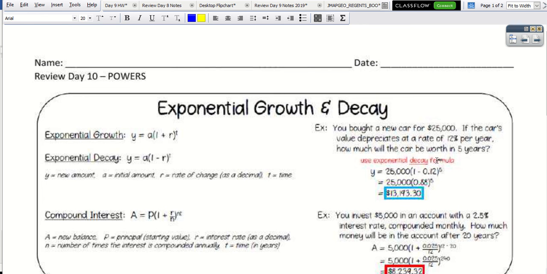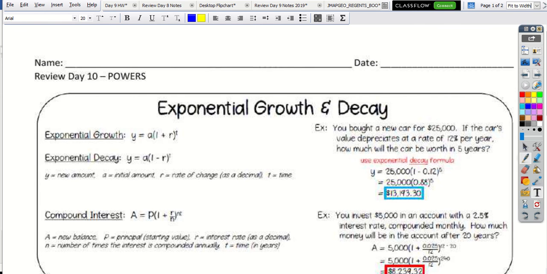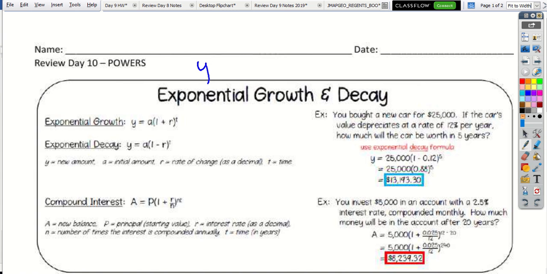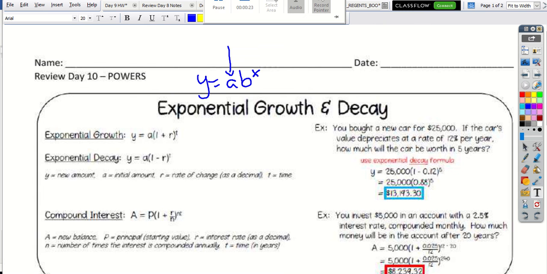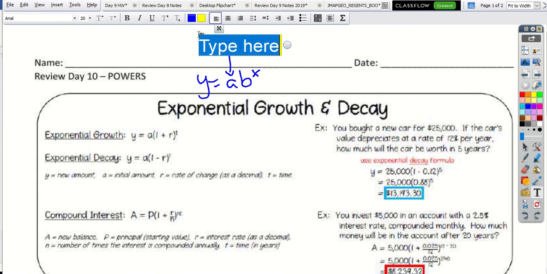All right, so we're going to go over some exponential growth and decay today. So remember exponential equations? Any exponential equation follows the formula y equals ab to the x. A is always the initial amount.